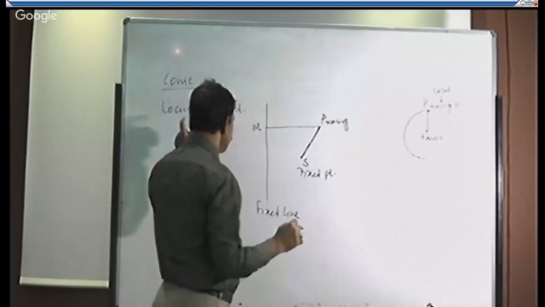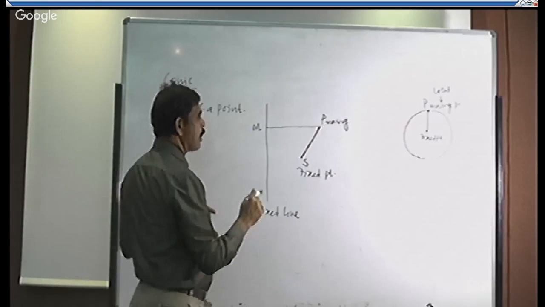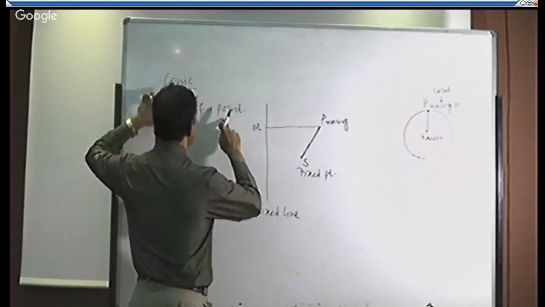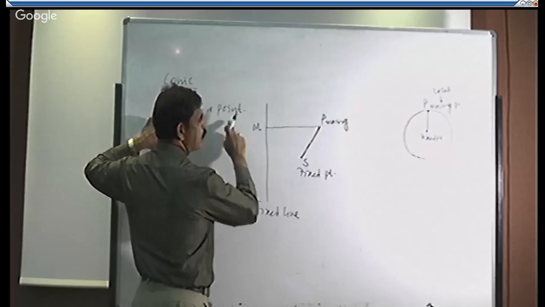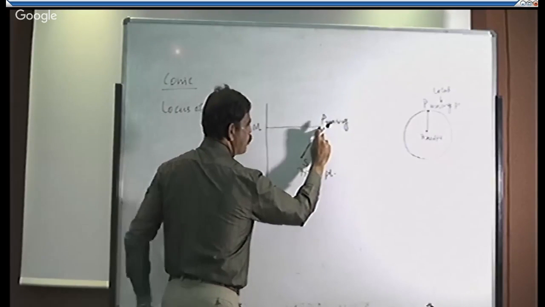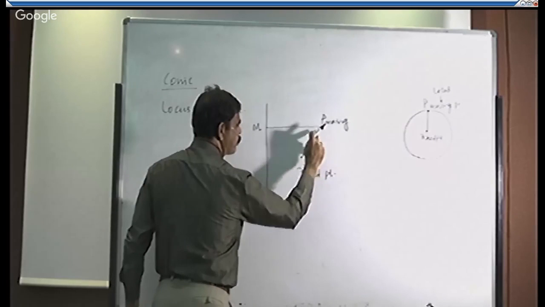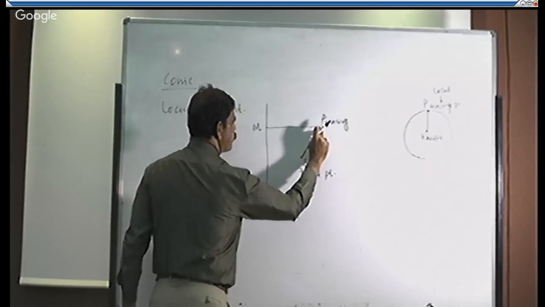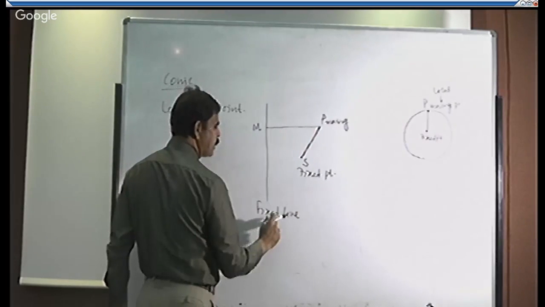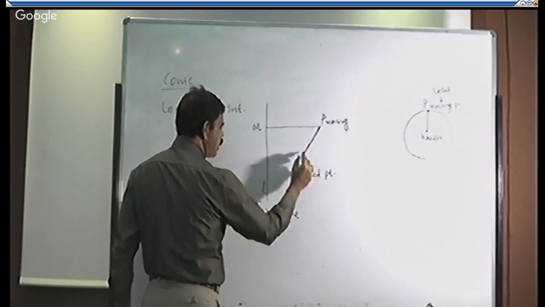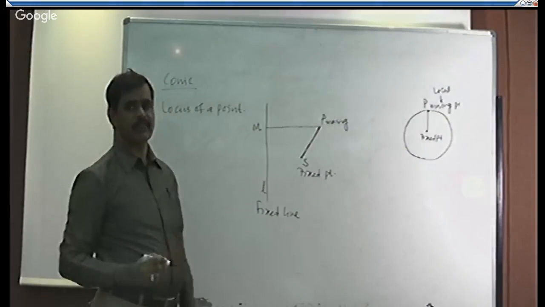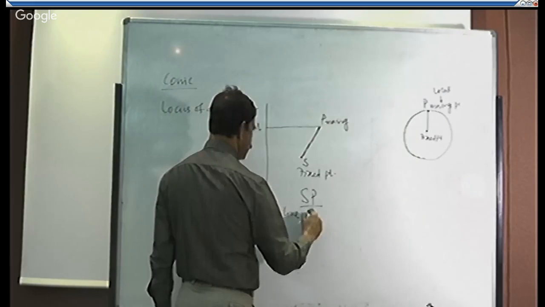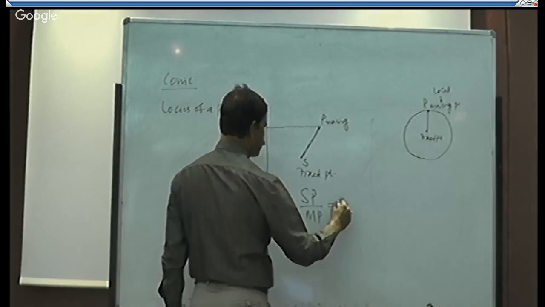Like that, in general, a conic is defined as the locus of a point which moves such that its distance from a fixed point S and its distance from a fixed line L have a ratio that is always constant. It means SP divided by MP is always constant.